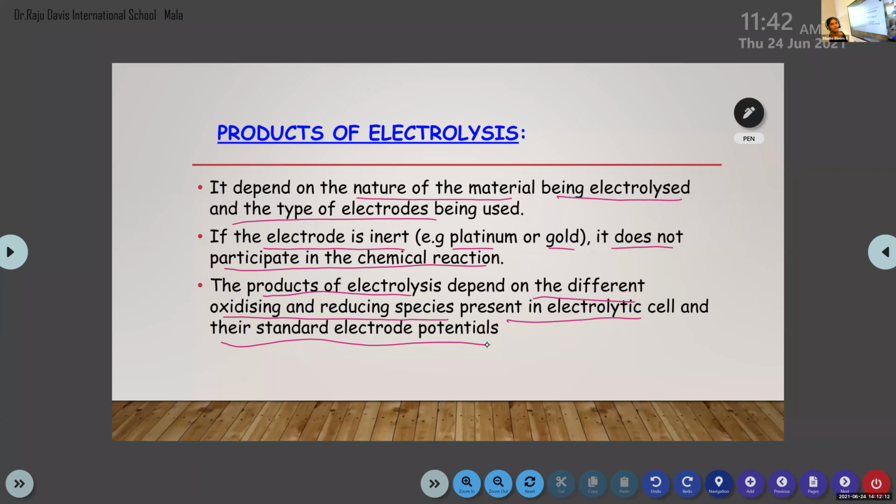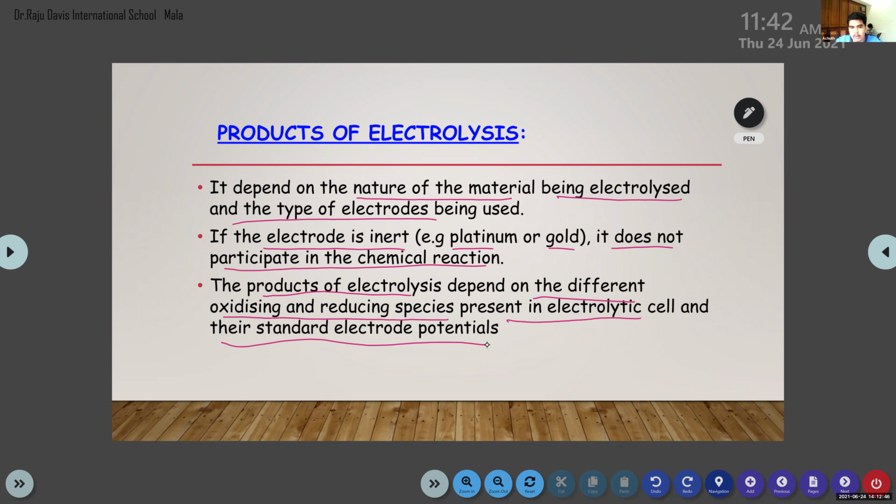And I told you that the elements that stay above hydrogen in the electrochemical series will undergo reduction, and the elements that lie below hydrogen, at the bottom, will undergo oxidation. That's why the products of electrolysis depend upon the different oxidizing and reducing species present in the electrolytic cell and their standard electrode potential.